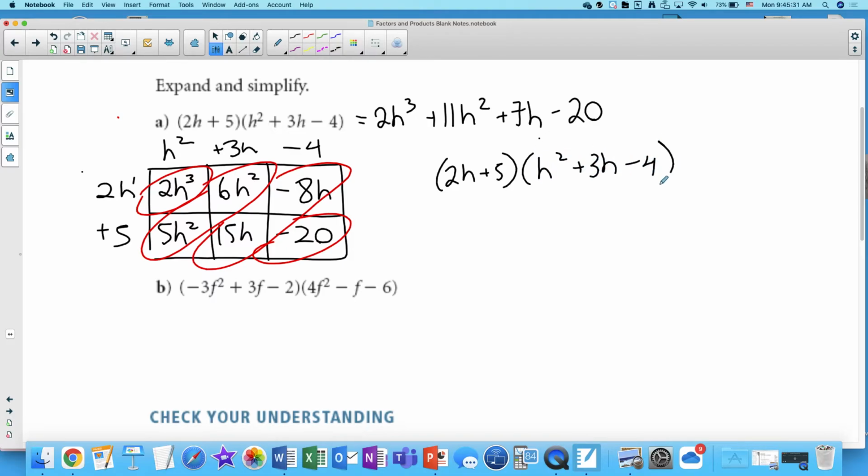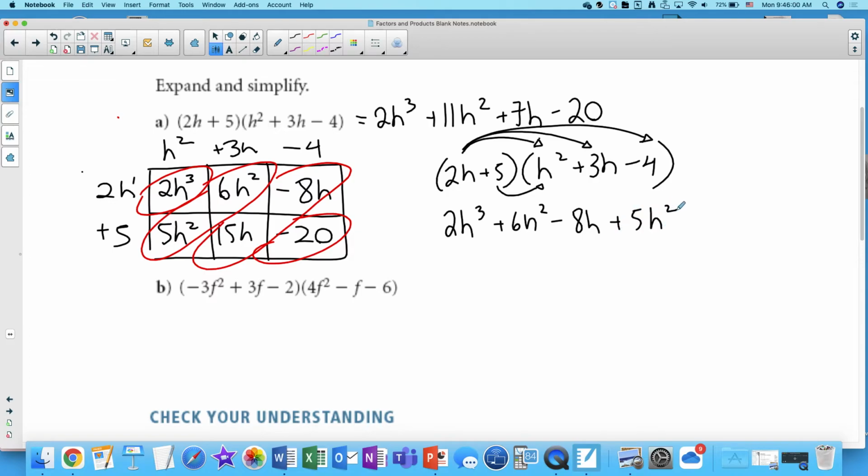So I'm going to go 2h times h squared is 2h cubed. 2h times 3h is plus 6h squared. 2h times negative 4 is minus 8h. And then I'm done distributing the 2h, so I can move on to the 5. 5 times h squared is plus 5h squared. 5 times 3h is plus 15h, and then 5 times negative 4 is minus 20, okay?